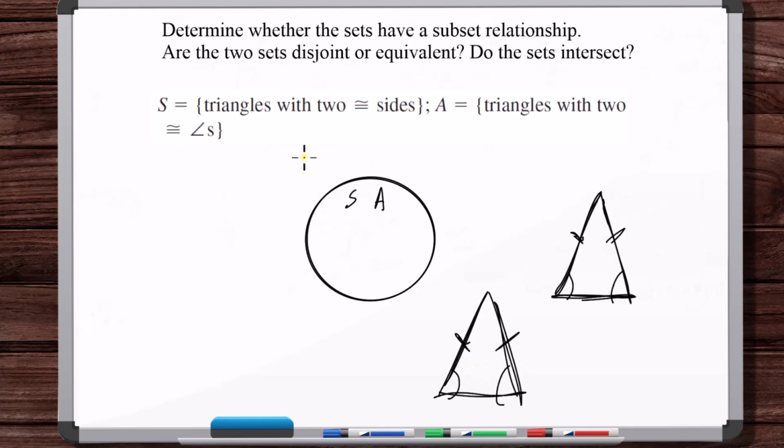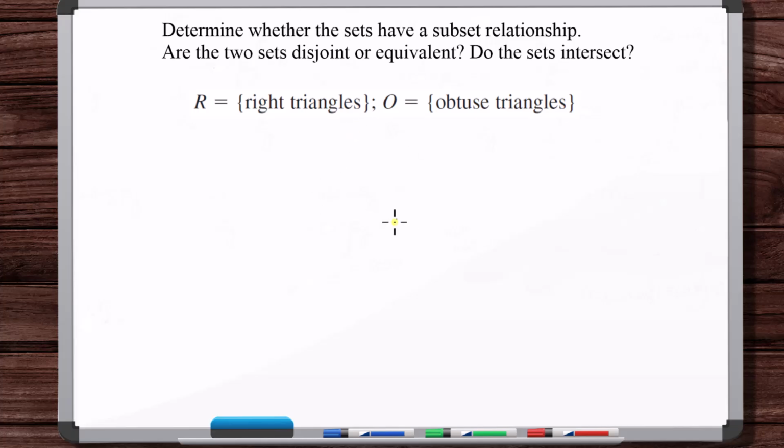But this extends to equilateral. I'm assuming that equilateral triangles would be included here because equilateral triangles have two congruent sides. They have three, but that means they have two, right? But that also means they have two or more congruent angles. So it's the same set.